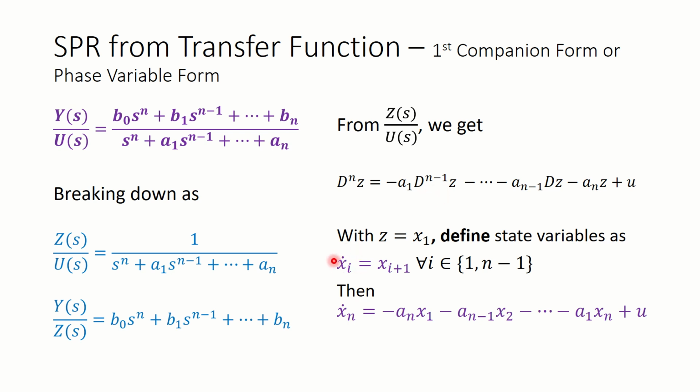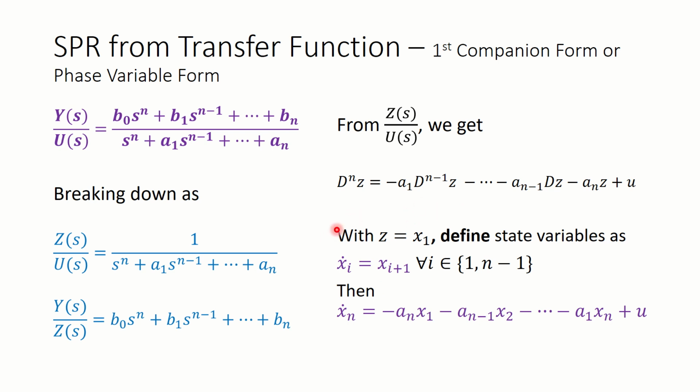So xn minus 1 dot is xn, so we have written here xn. So this relationship and this going backwards through the differentiations and coming to this same equation again, that thing you need to look into.